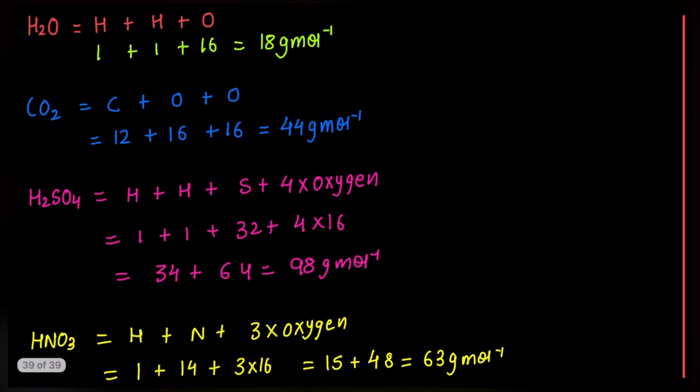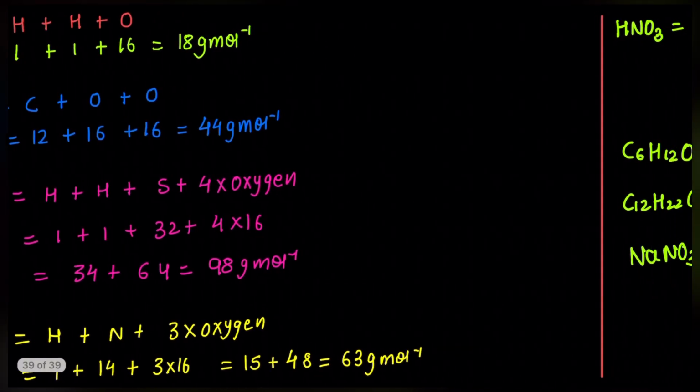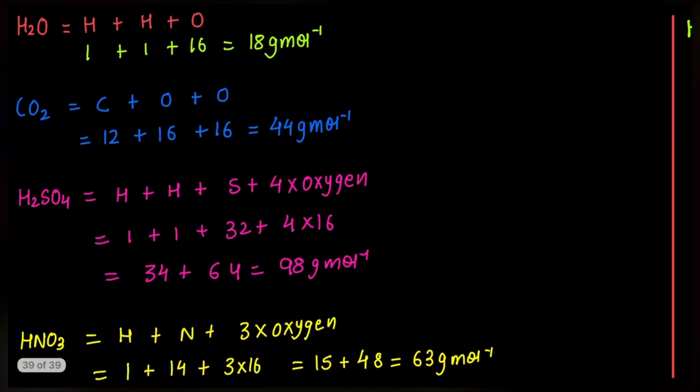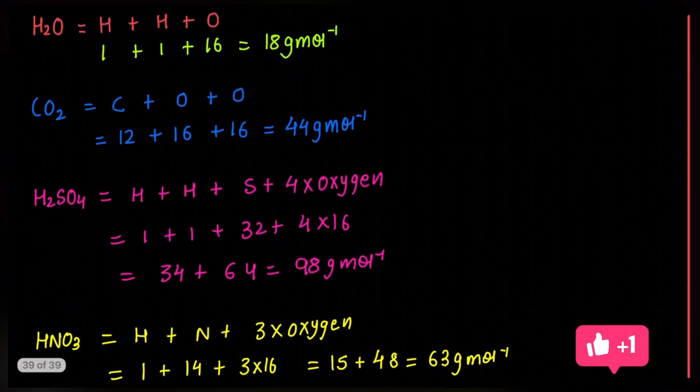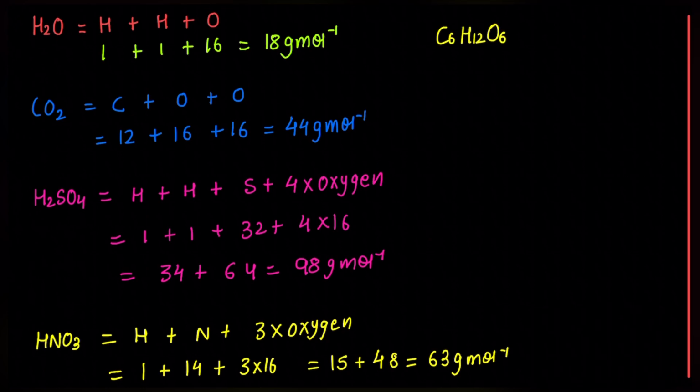Let's take a bigger example, C6H12O6. It is a glucose molecule. In glucose we have 6 times carbon. Instead of writing carbon plus carbon, we can write 6 times carbon plus 12 times hydrogen plus 6 times oxygen.